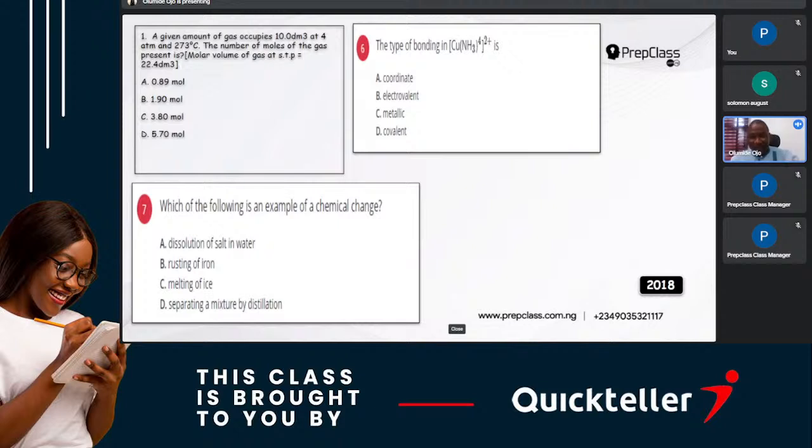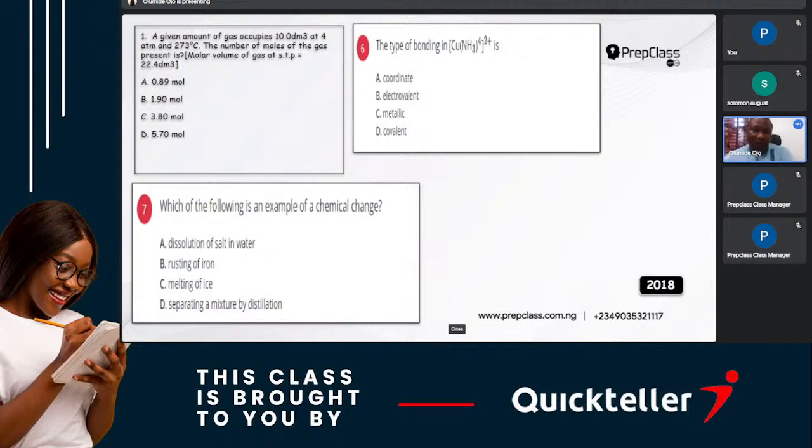Electrovalent bond produces just an ordinary compound. Covalent bond is sharing of electron, while electrovalent involves transfer of electron, and the metallic bond is a bond between the ions of metal.